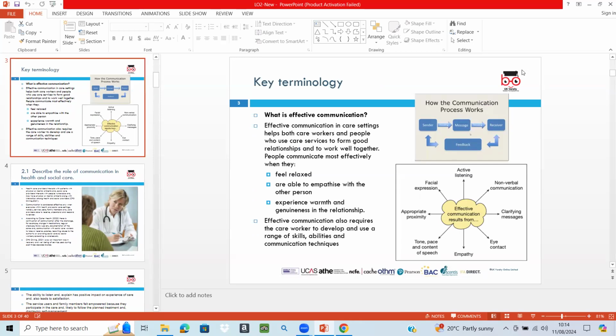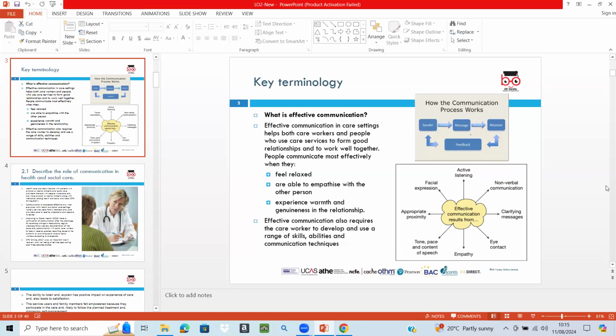Now we have to discuss some key terminologies. So, what are key terminologies? These are the important terms which we have to use during the lesson or the specific learning outcome. All of these important bits, like the indicative content, key terminologies, the guided learning hours or the credit values, the concept would be the same.